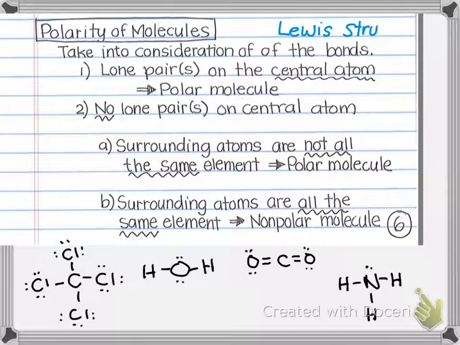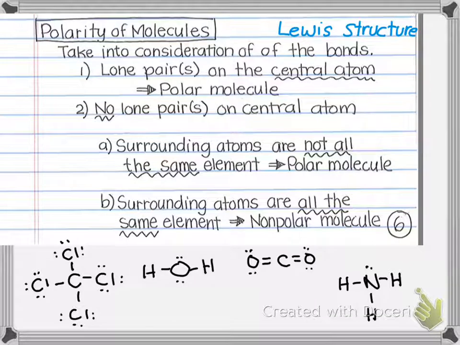What we have to consider is that if bonds of different electronegativities are attached to each other, then they're going to pull or attract electrons differently, and ultimately it's going to cause the electron cloud not to be equal. So when we talk about a polar molecule, we're saying that the electron cloud is not equal or even around the central atom.